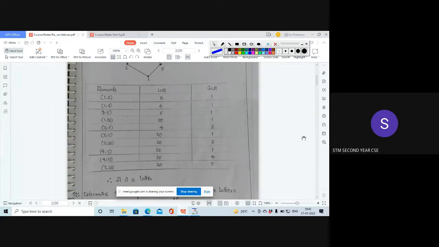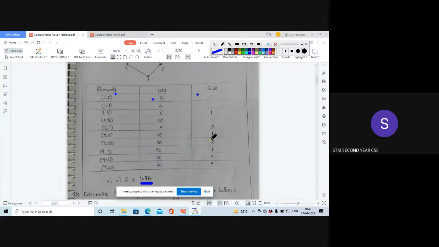To check, you have to write down all possible ordered pairs, and for each ordered pair find the least upper bound and greatest lower bound. If it exists for all ordered pairs, then it is called a lattice.